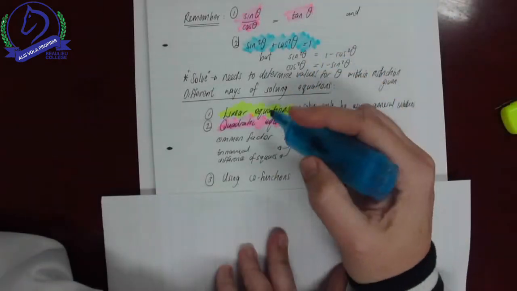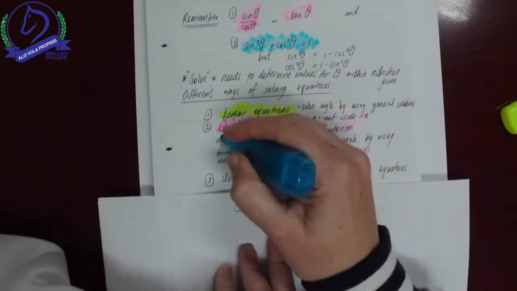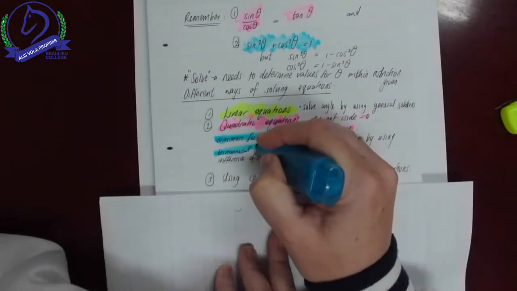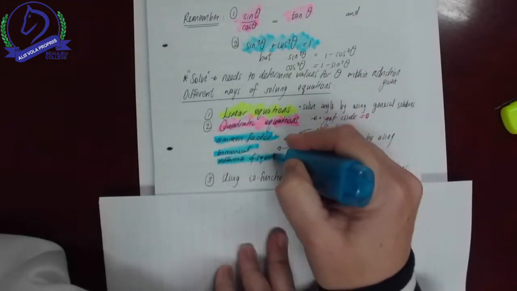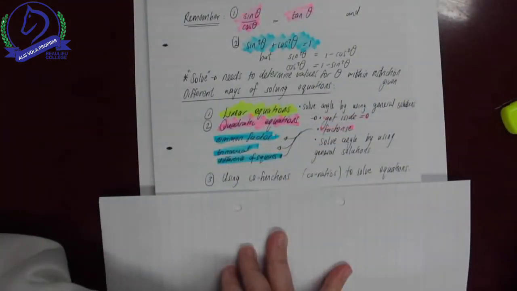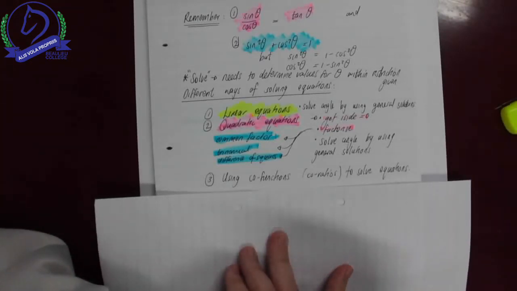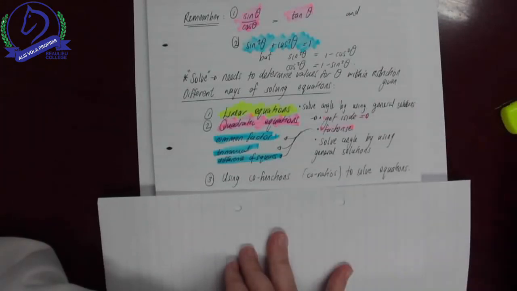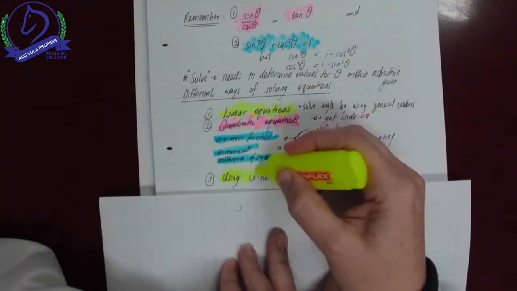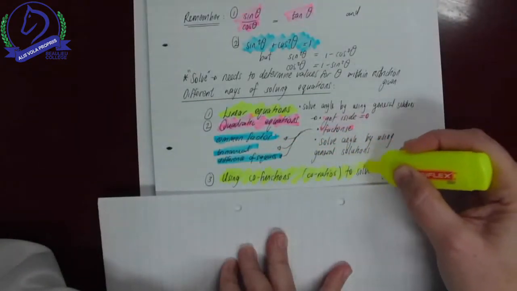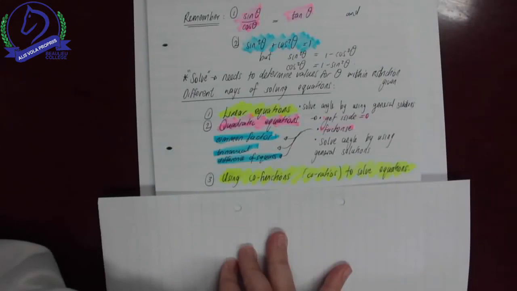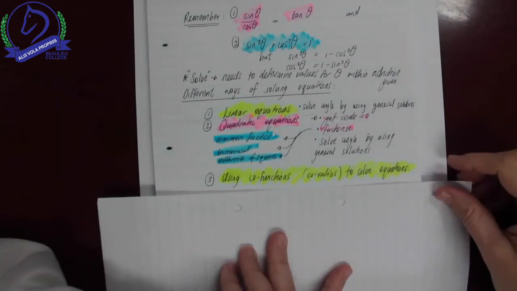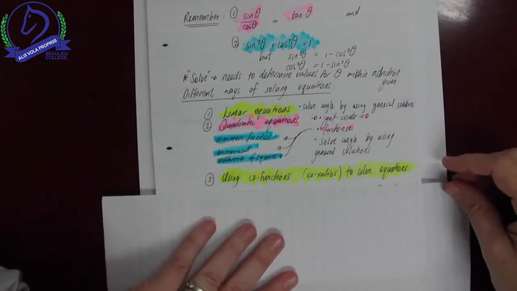How can I factorize? Take out a common factor, factorize a trinomial or difference between squares. The third step we're adding to trig equations is solve the angle by using general solutions. The third one, which is the difficult one that you're going to have to look out for, is using co-functions or co-ratios. But that we'll only do on Friday. That's a whole lesson by itself.